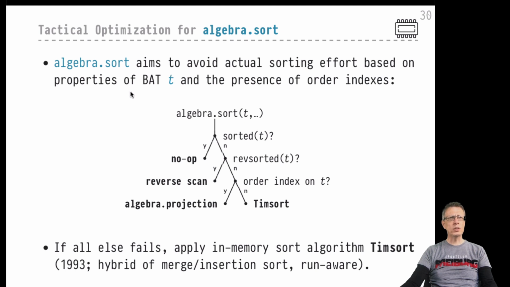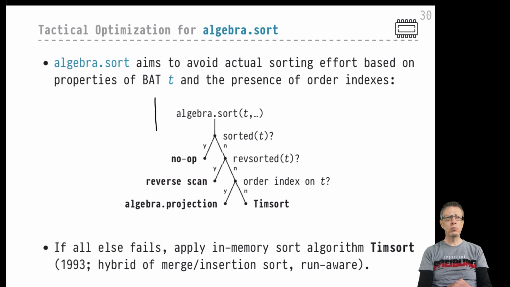Even in the presence of an order index, when we look at the explain plan for a query that uses an order by, we will see just an application of algebra.sort. The explain plan would not explicitly access an order index or incorporate it into the MAL statements that are employed to evaluate our SQL query.